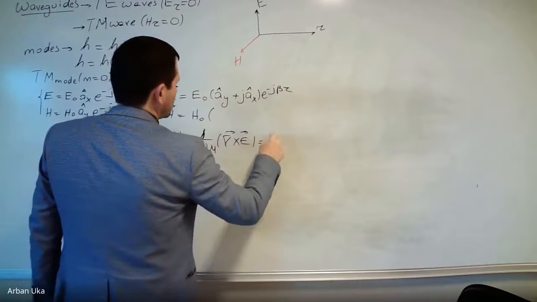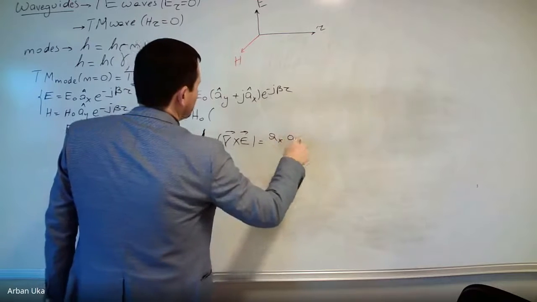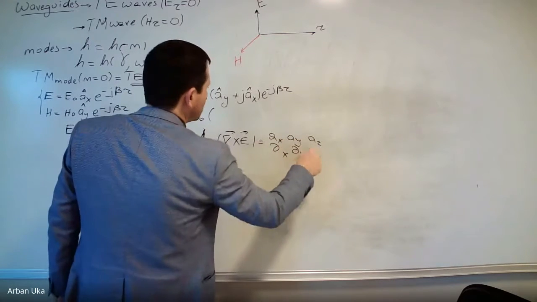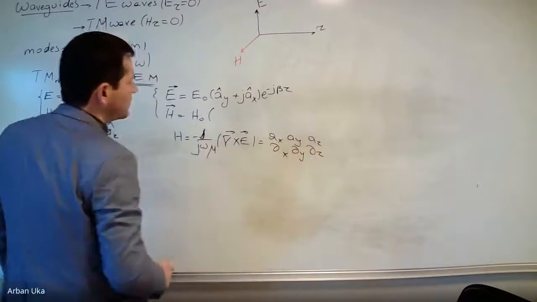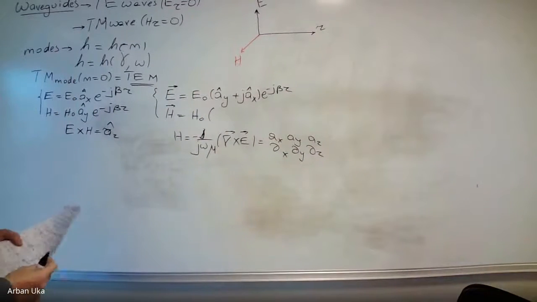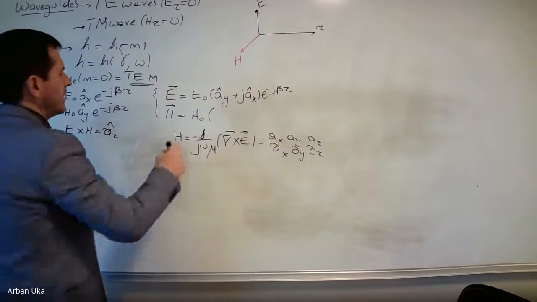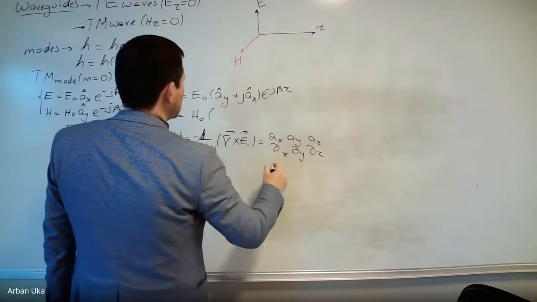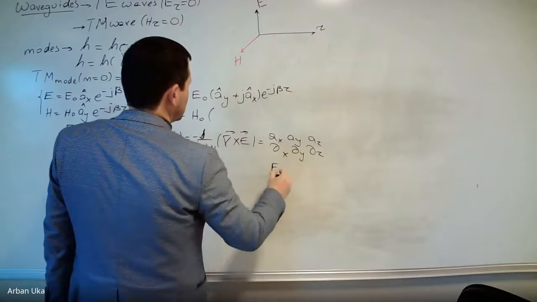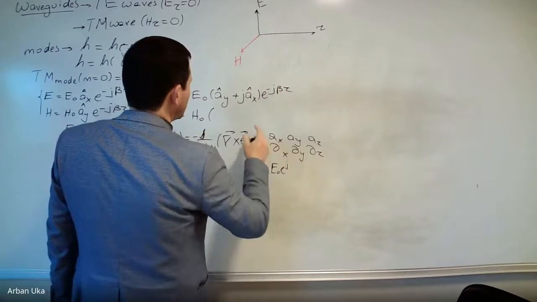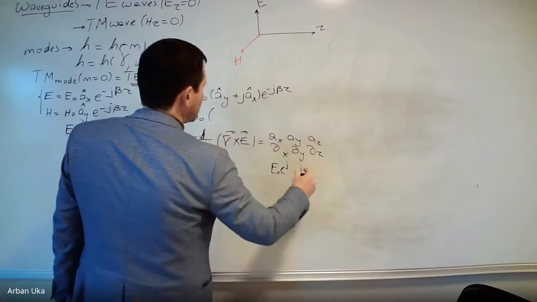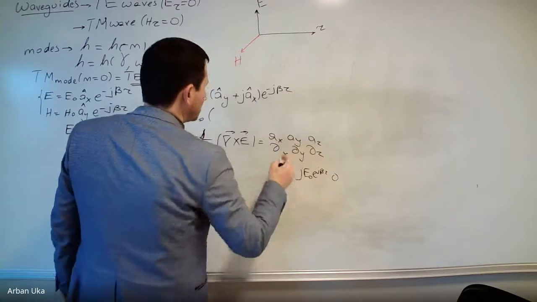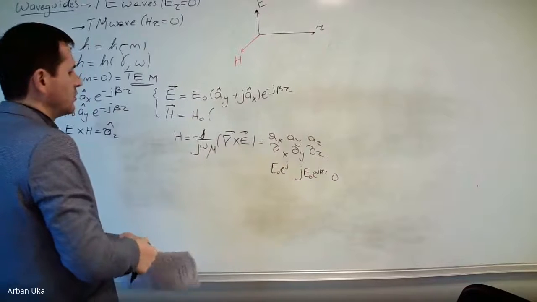So in this case, we have AX, AY, AZ, the derivative with respect to X, the derivative with respect to Y, the derivative with respect to Z. And then what are the amplitudes for E? Here we have for AY, this is E0 e to the power minus j beta z, and here we have j times E0 e to the power minus j beta z. And the last component is just equal to 0.